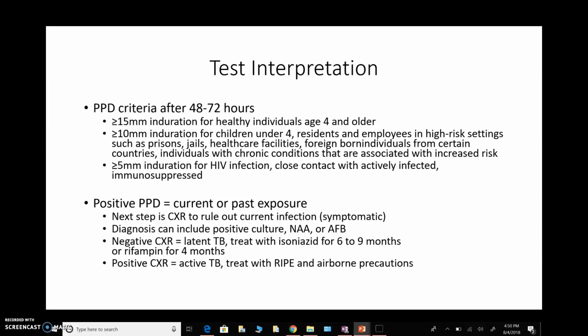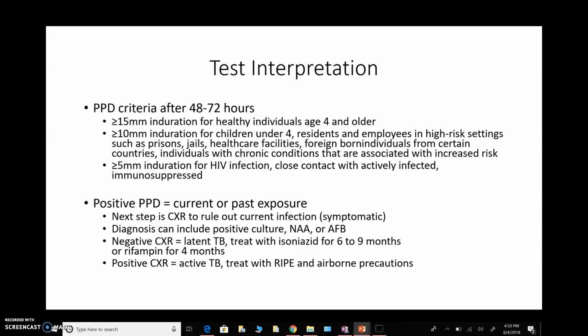Diagnosis can also include positive cultures and that nucleic acid amplification and the AFB smear that I mentioned before. However, this is not necessary. If you have a high suspicion, you can still treat them as if they have an active infection. Those cultures will come from a sputum sample, sometimes from a lung biopsy, but that is usually not necessary.